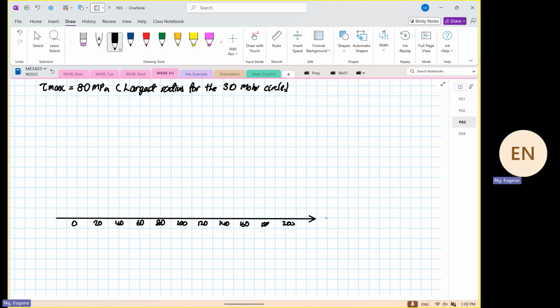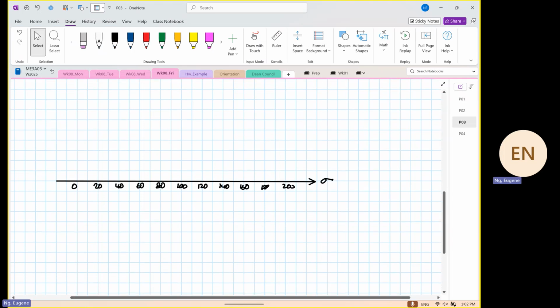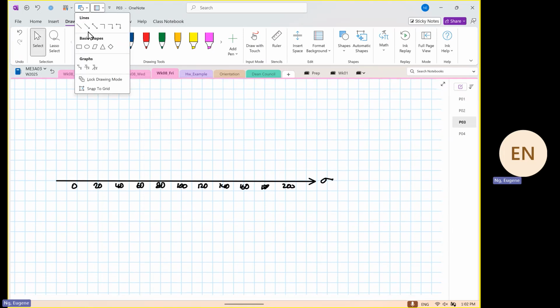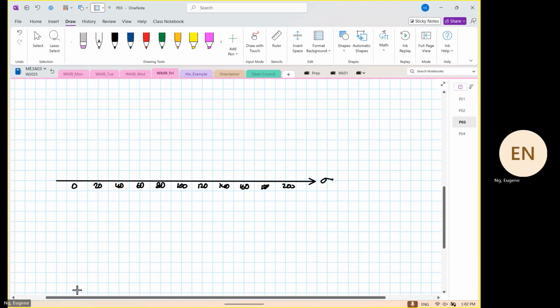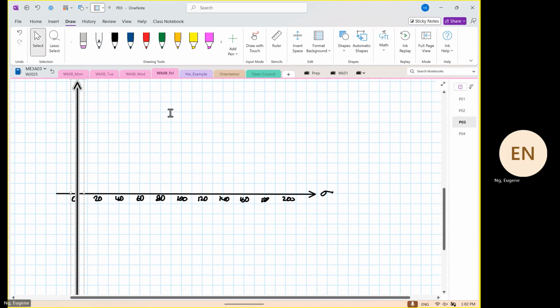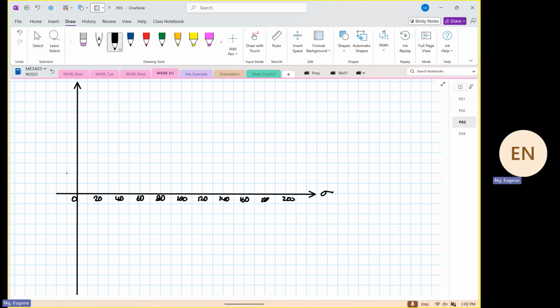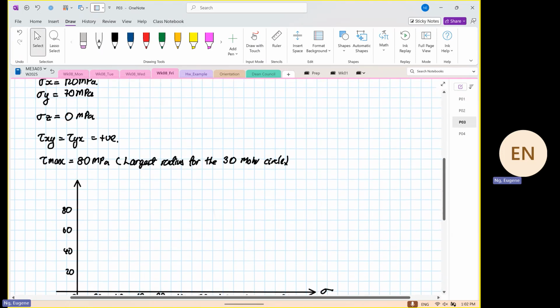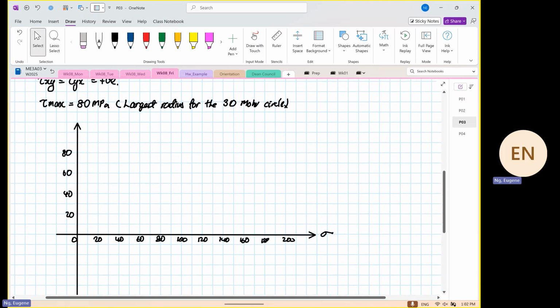Normal stress. And then we have shear stress coming in. Shear stress, this is our 20, 40, 60, 80. I don't think we need to go more than 80 because that's the biggest diameter of the circle. So element rotate clockwise.